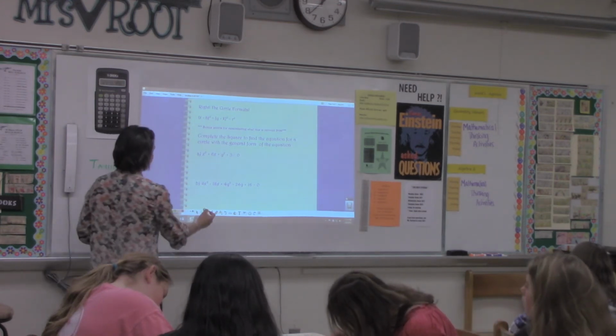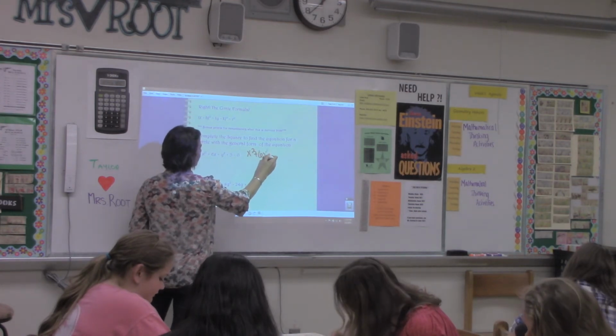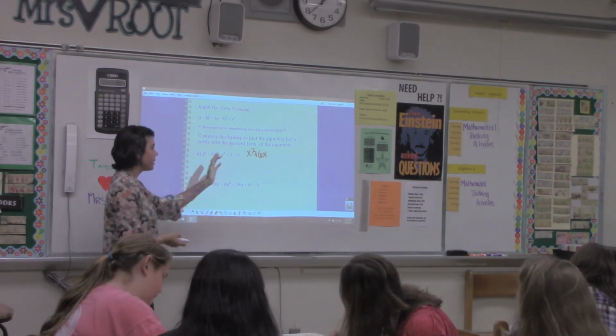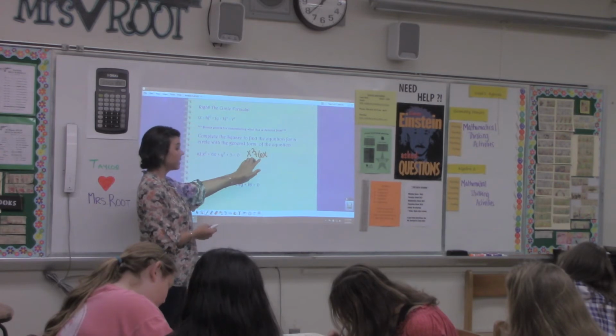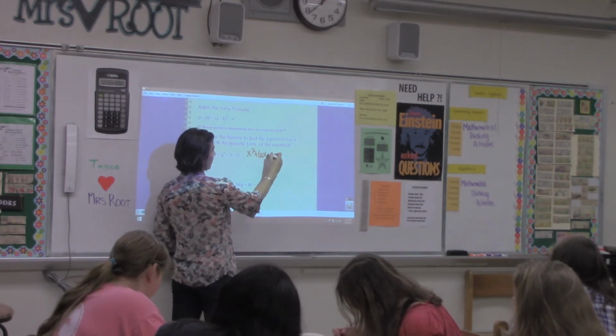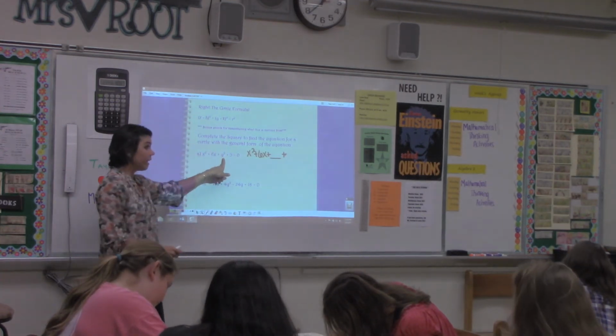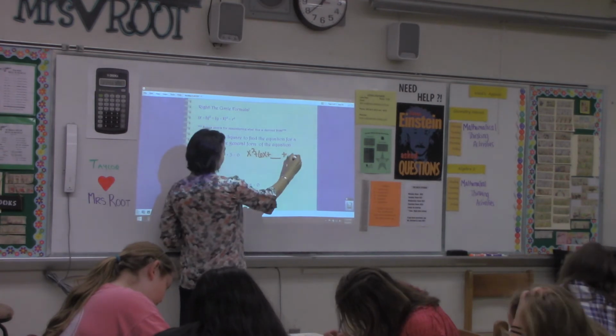5. Good. So we have x squared plus 6x plus blank, because we're going to have to complete the square here since there's no number that goes with the 6x. We still have y squared on the left-hand side.